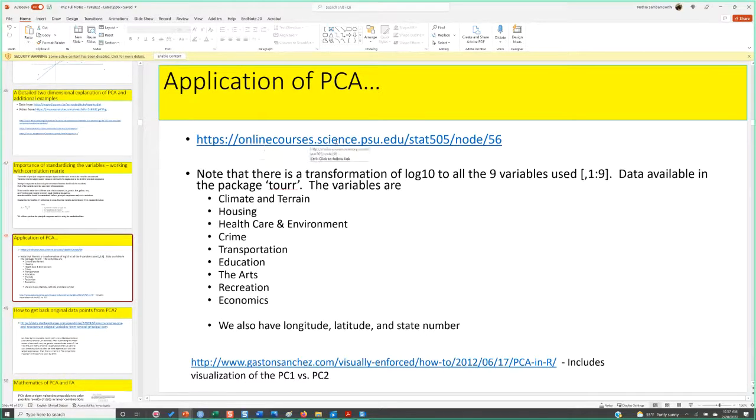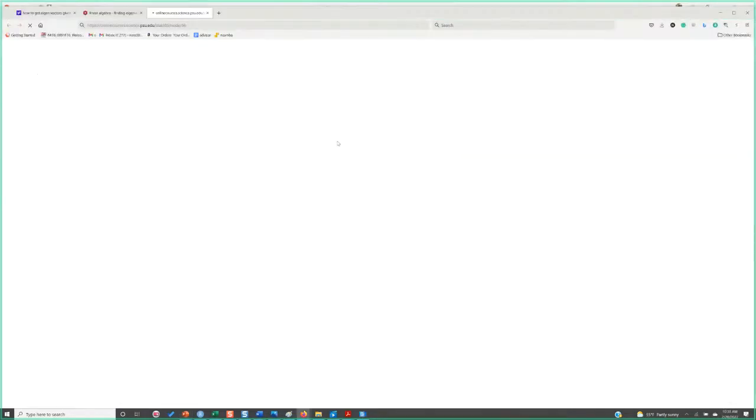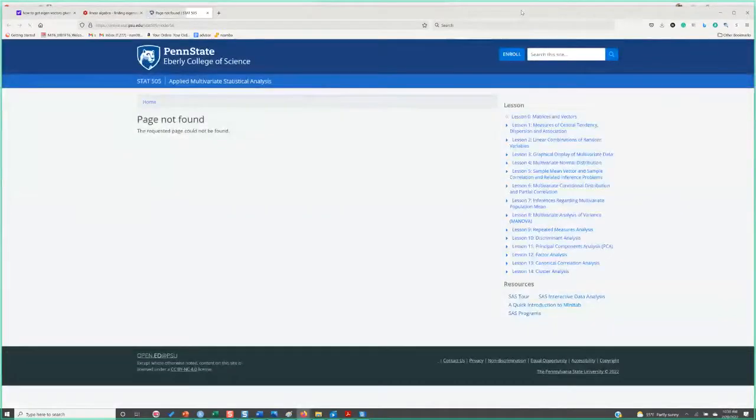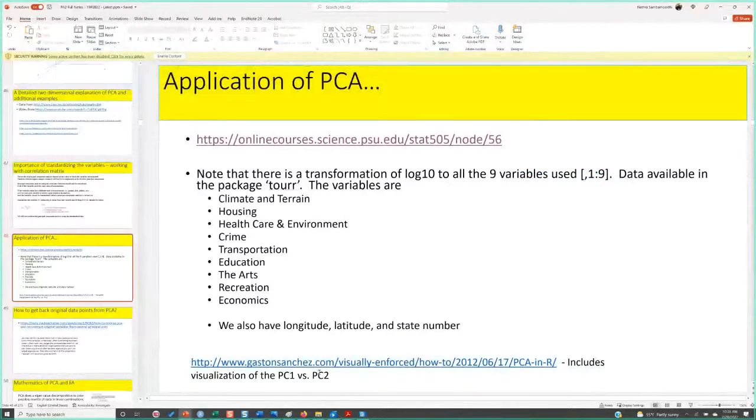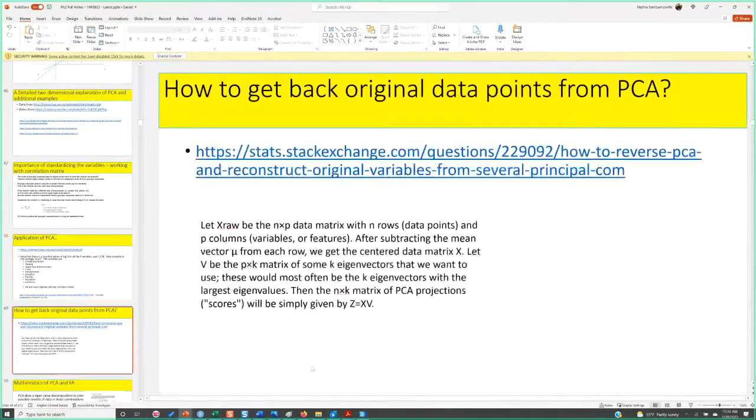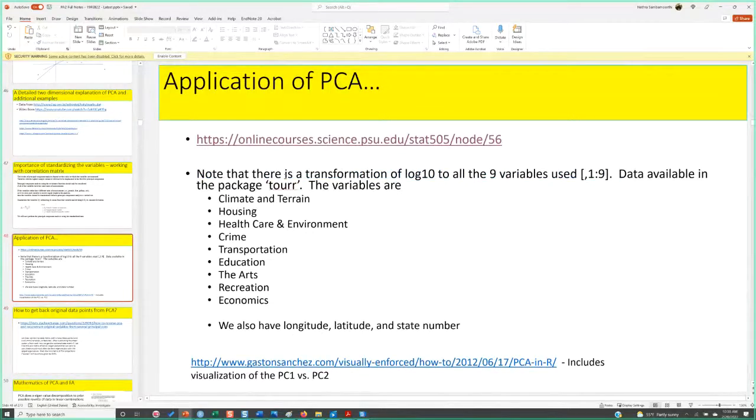So let's take this example. I will show it to you. Page not found, that's okay, don't worry about it. Tour package has this data.